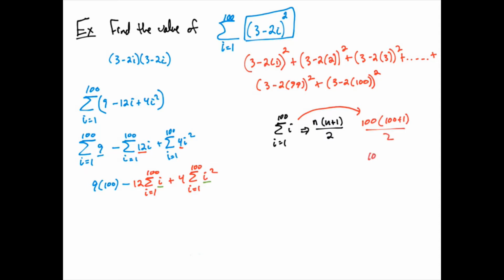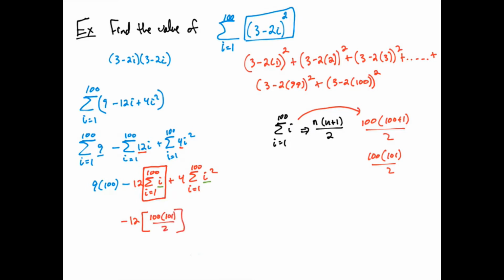So that's 100 times 101 divided by 2. That's what's going to take the place of this guy right here. So this will be minus 12 times 100 times 101 divided by 2.